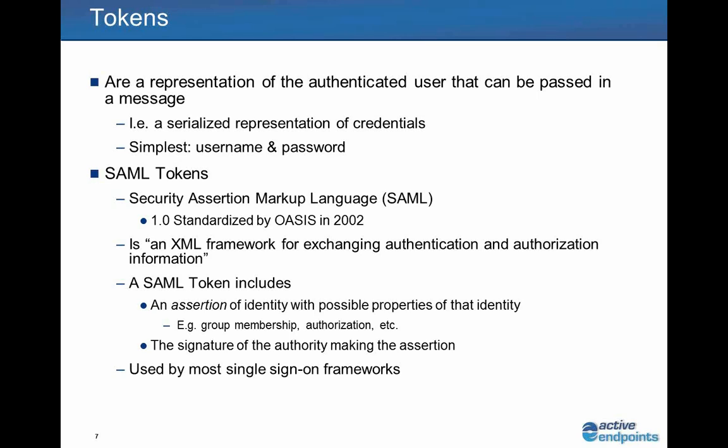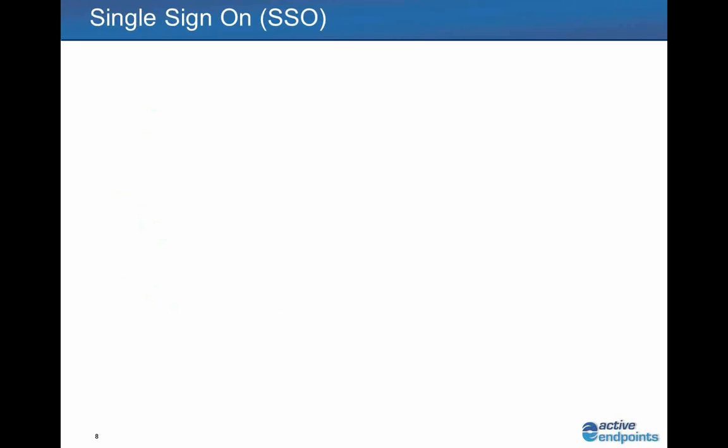And then some authority signs it, saying, I say this is true, right? It's used by most single sign-on frameworks because whoever's in charge of single sign-on is the one saying, I say that this is sent by such and such a person, or this session is really logged in by this user.